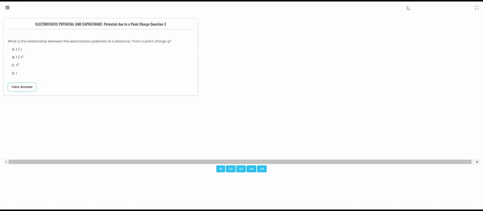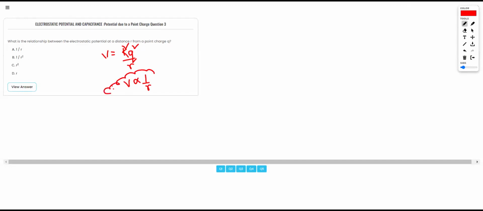The formula for electrostatic potential is V equals K Q over r. K and Q are constant. That means V is inversely proportional to r. So option A will be the right answer.